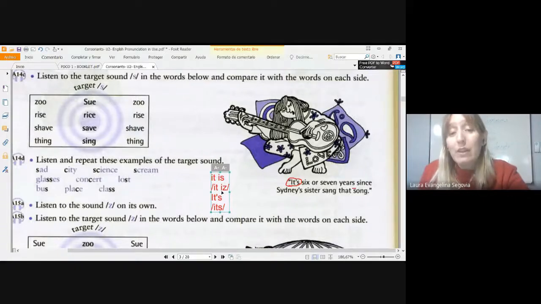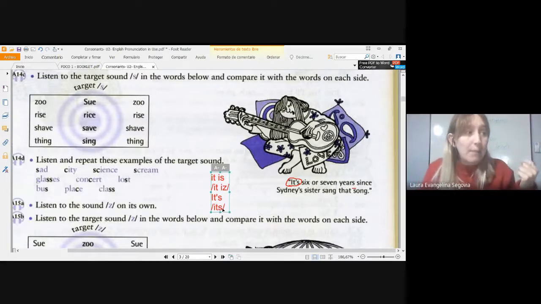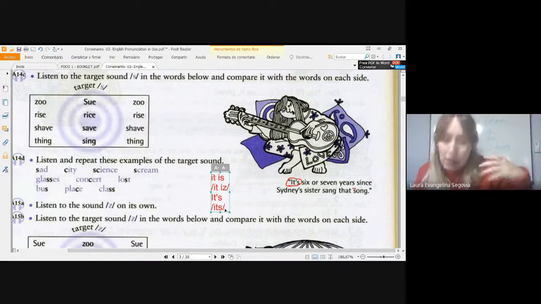So when you have it is, you have the z sound. But in the contraction, as the consonant s is next to the t sound, it acquires some kind of effect that later on we will see how we call it. What's the name of that effect?